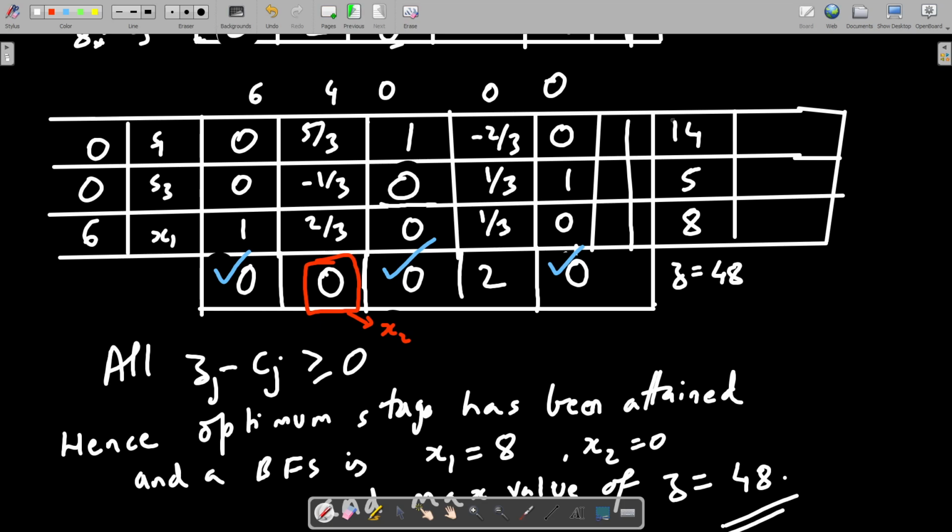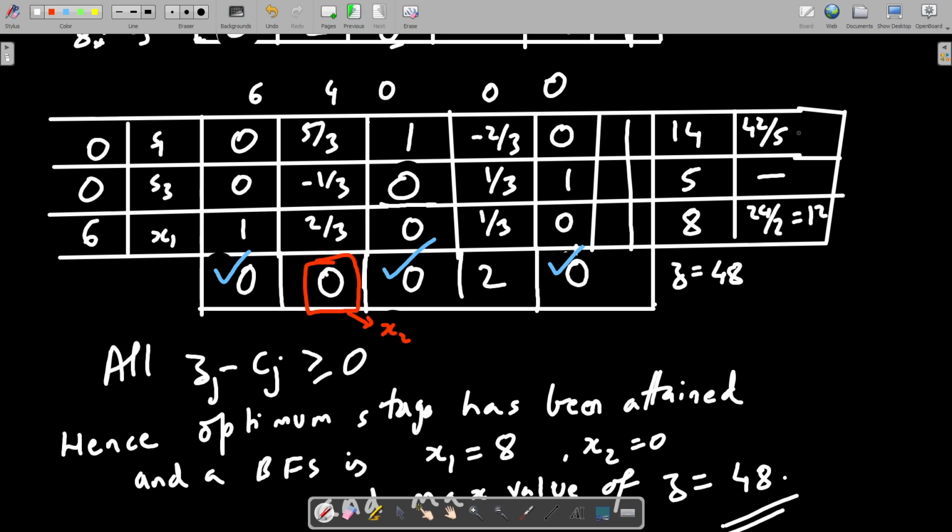So take the ratios, 14 divided by 5 by 3. So this is going to become 42 by 5. Okay, this is not to be defined because the number is negative over there. So this becomes 24 by 5.